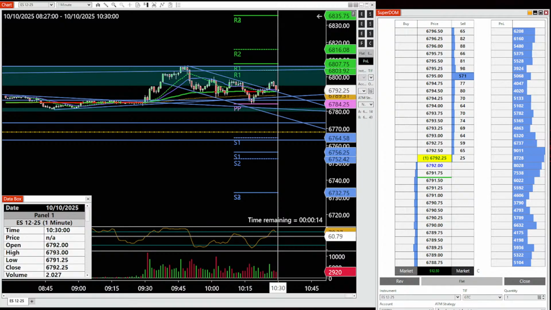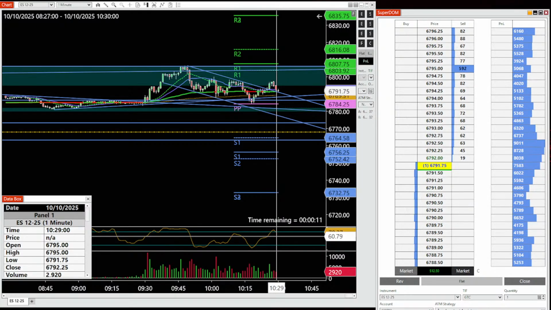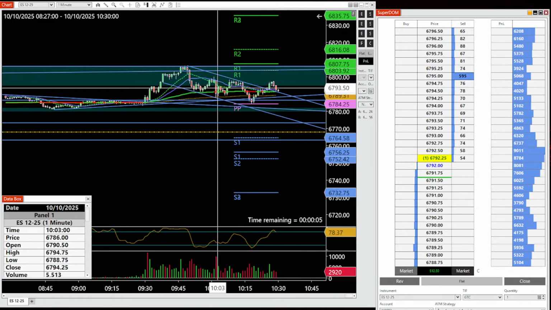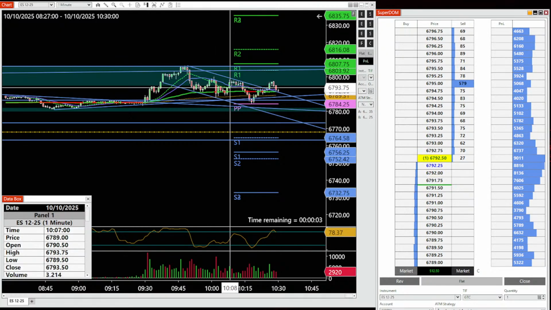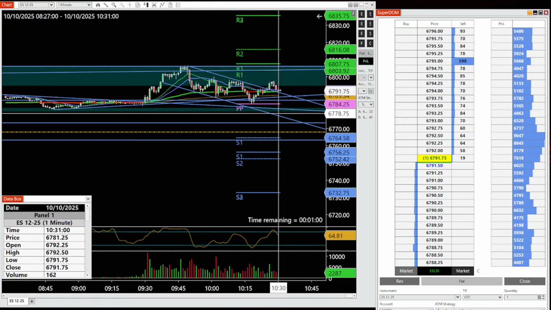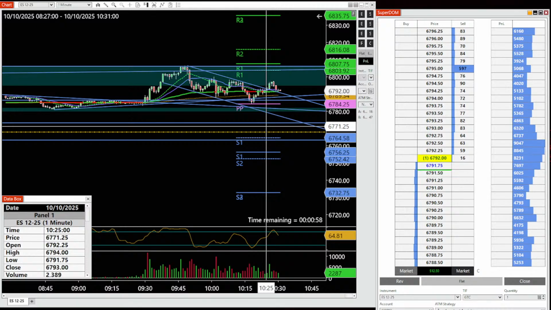Just making a rotation down. You open under VWAP, open under VWAP, no direction.